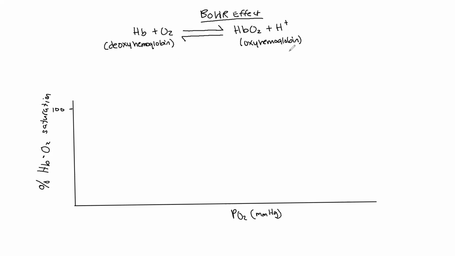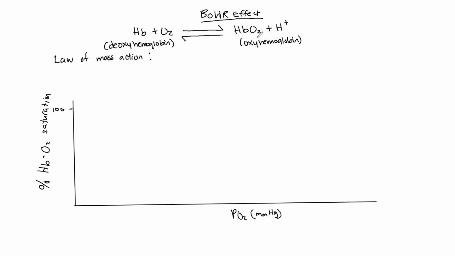Okay, and based upon what we described before, that law of mass action said that if we had more of our products, we drive the reaction to the left. If we have more of our reactant, we drive the reaction to the right.